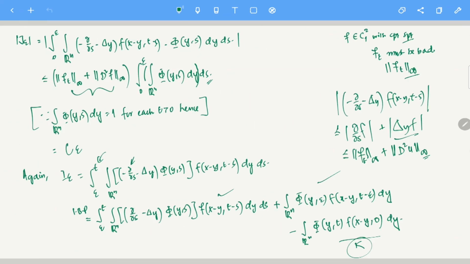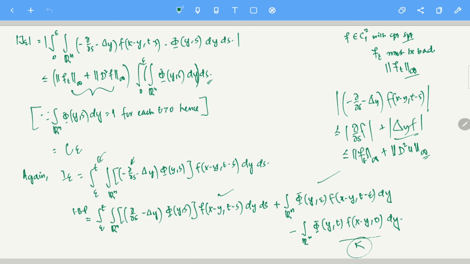Therefore, these two terms can be written as integral over Rn. I am writing I epsilon plus k as the integral over Rn of capital phi of y, epsilon, f of x minus y, t minus epsilon, dy. Why will I write it like this?